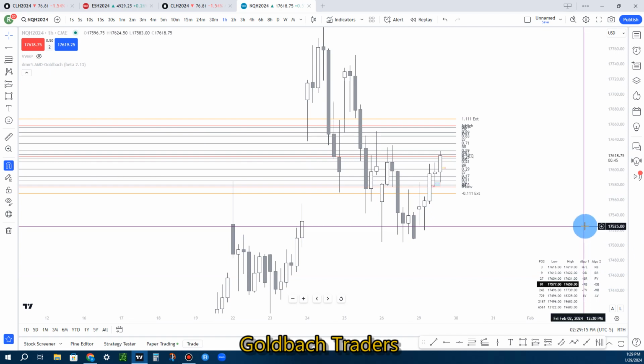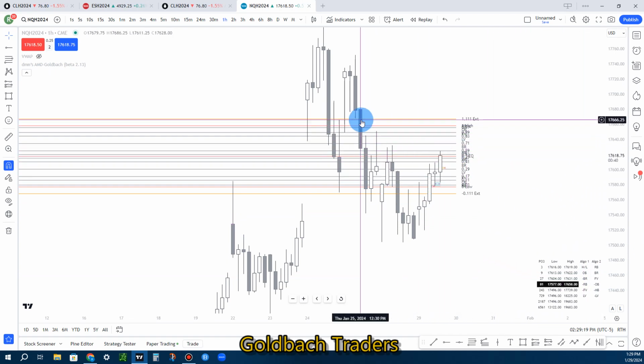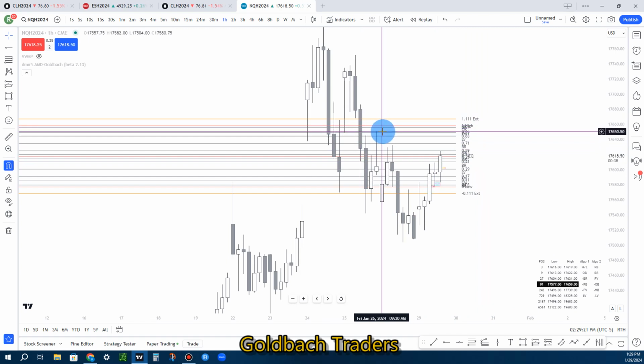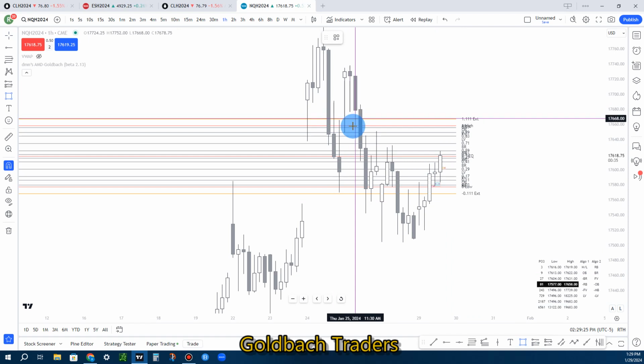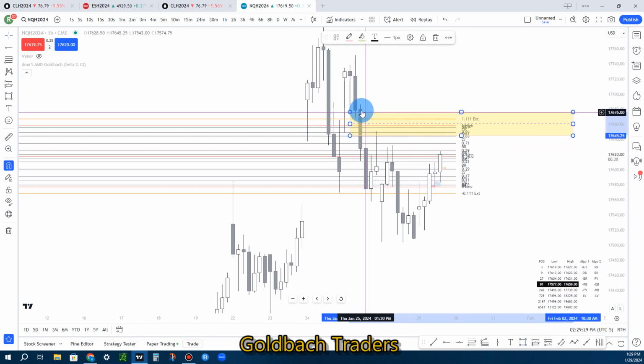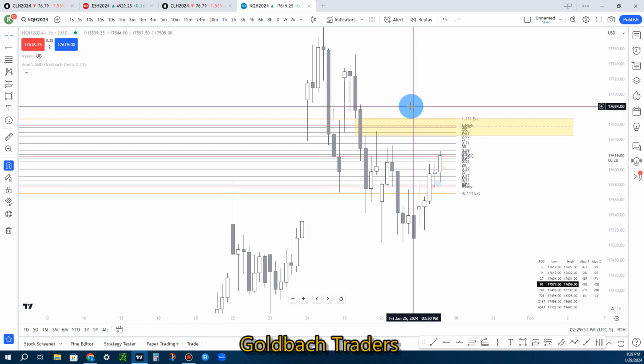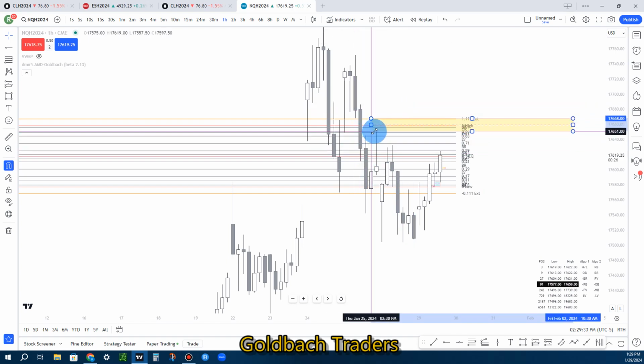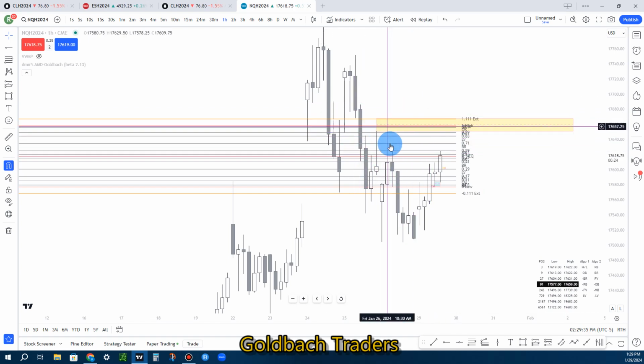What I'm looking at is where could it possibly go? Well, there's a fair value gap that's still open here, and I'll go ahead and draw it. I actually drew it wrong. There we go. And we'll put it to here since that's the part that's still open.